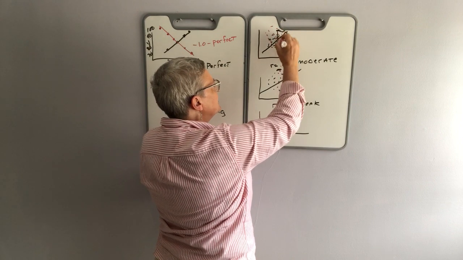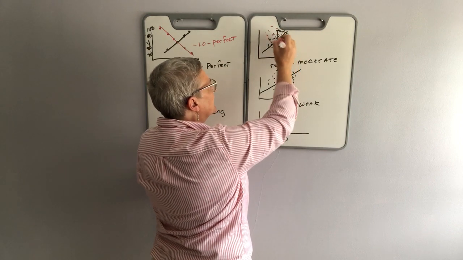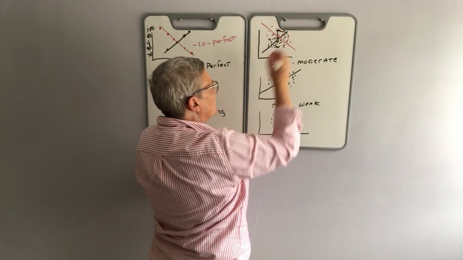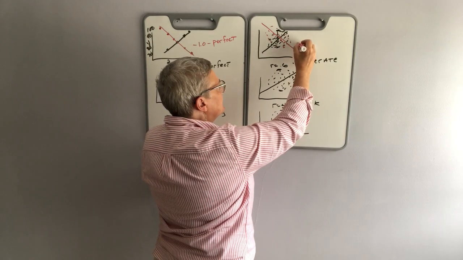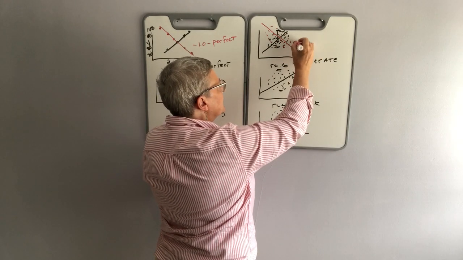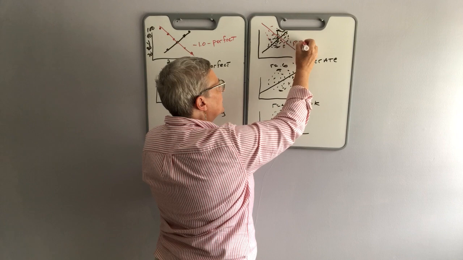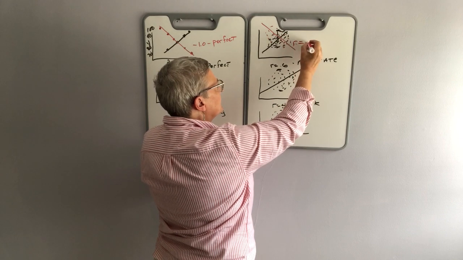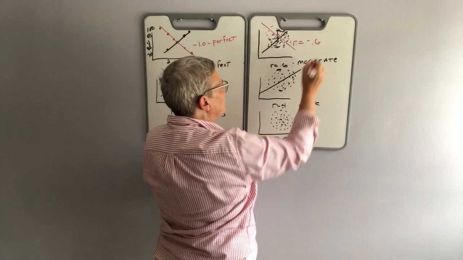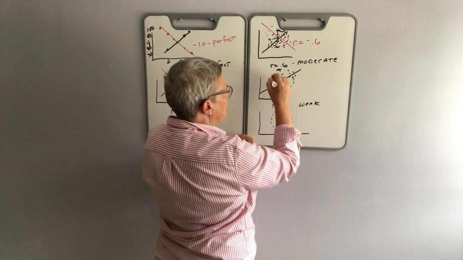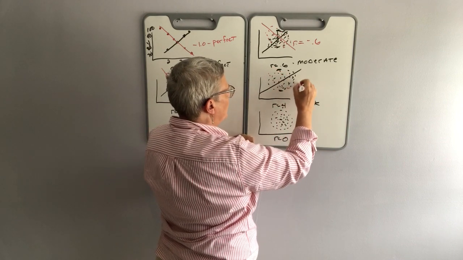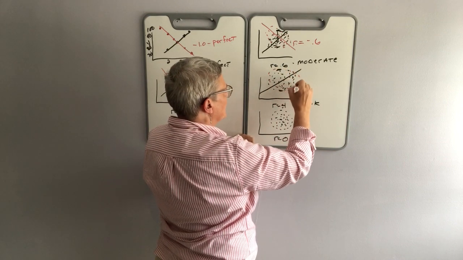Sometimes it just looks like everything's turning black on me. I get r equals negative 0.6. Here I get negative 0.4, it goes the other way.